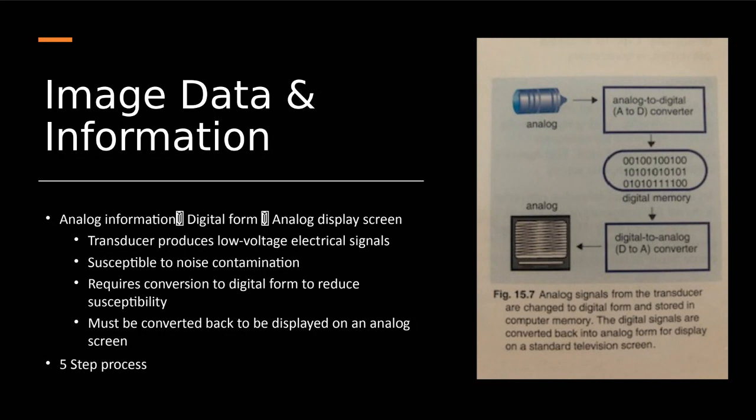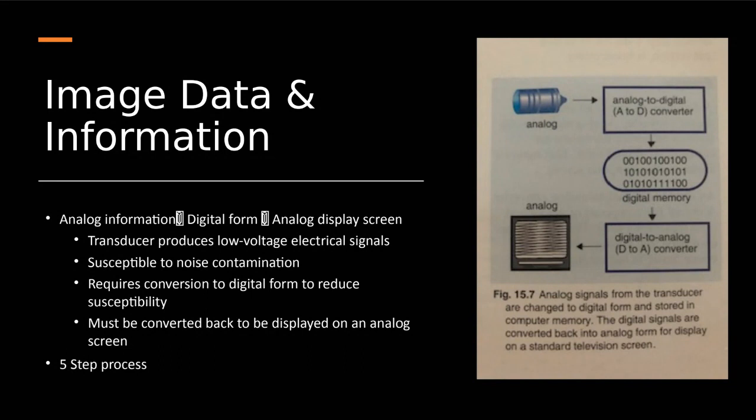So that process written out here, our transducer is going to produce those low voltage electrical signals sent into the body. That is going to be susceptible to a lot of artifacts, to noise contamination, right? All of these things that we've talked about with our system before. And we need to convert all of that information to a digital form to round out all of that unnecessary information, right? Noise, that's unnecessary. We don't want any of that, right?